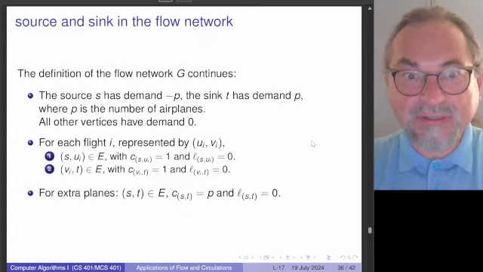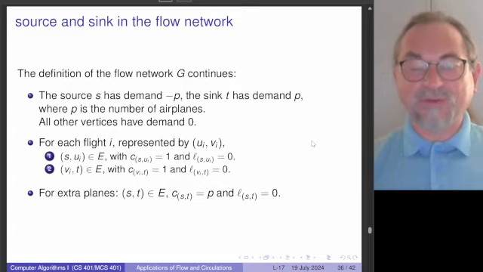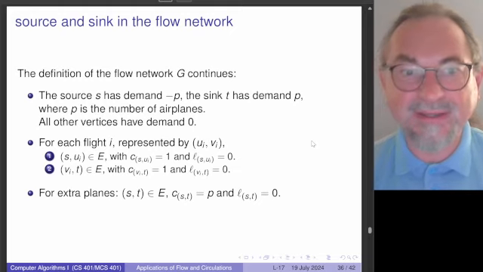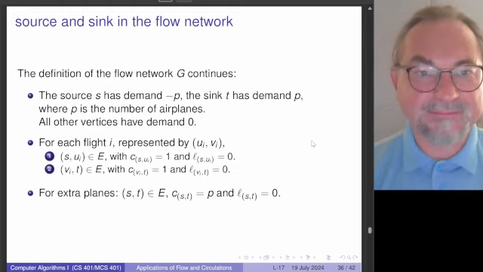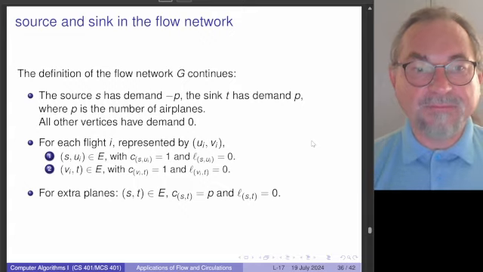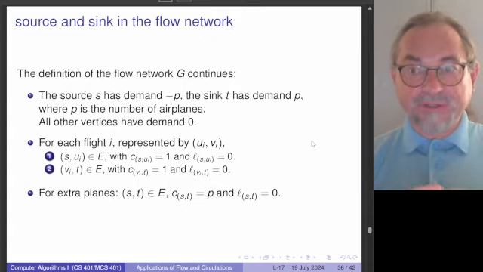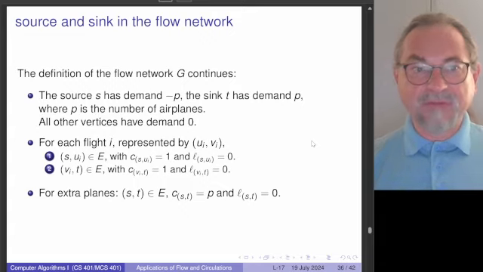So at our source, we have our P planes, and we want all the planes to arrive safely at the sink. All the other vertices in this network are internal nodes, so they have demand 0.